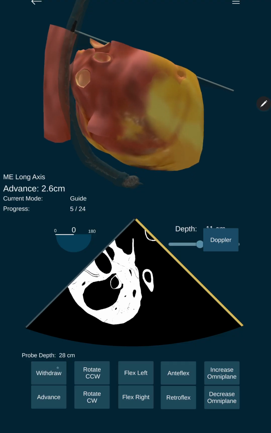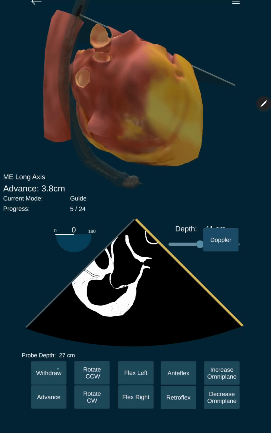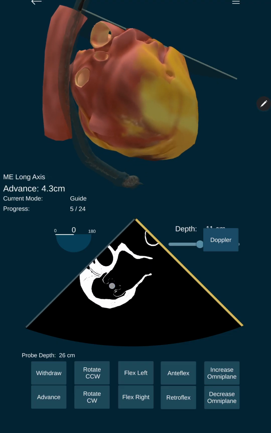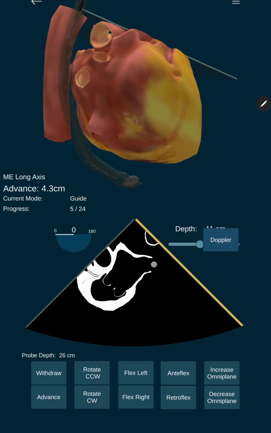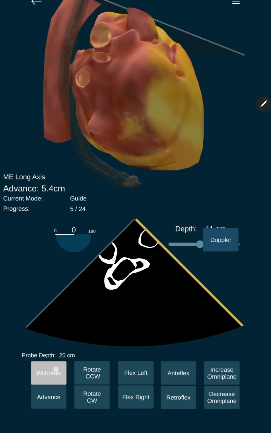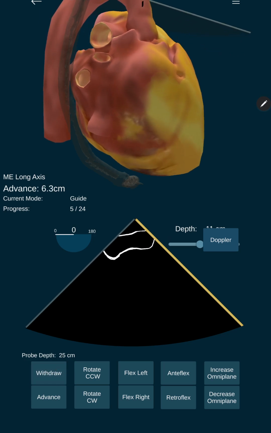Further withdrawing, we can see the pulmonary valve and the MPA, the RVOT, and the left and right pulmonary arteries. Further withdrawing, we can see the arch of the aorta and the major branches of the aorta.